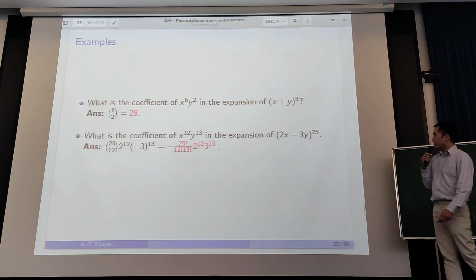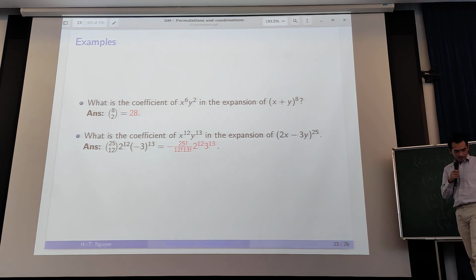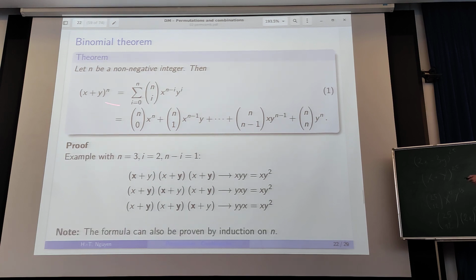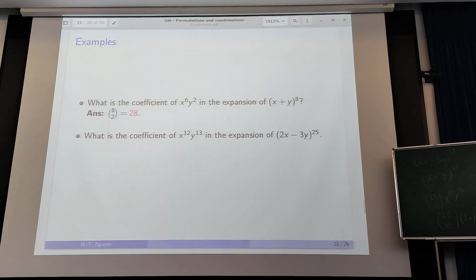Okay, now let's look at some special cases. So here you have the general formula, but now we will try to plug special values of x and y in here to see what we can get.